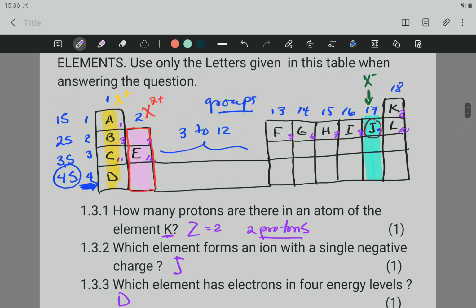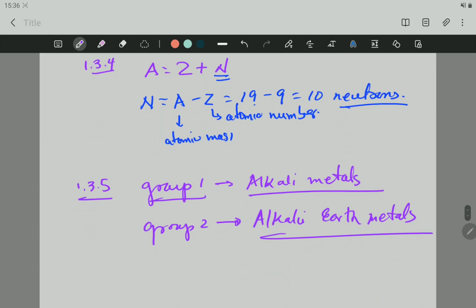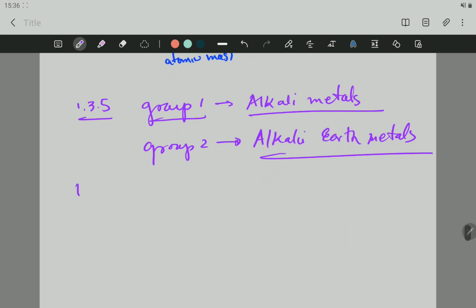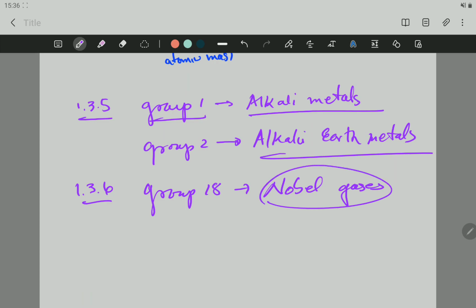K and L are in group 18, and that is the noble gases. Group 18, they are called noble gases. So these groups are important to learn, and this is all for now.